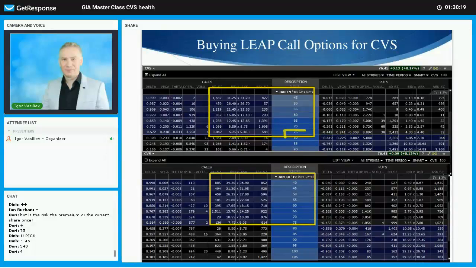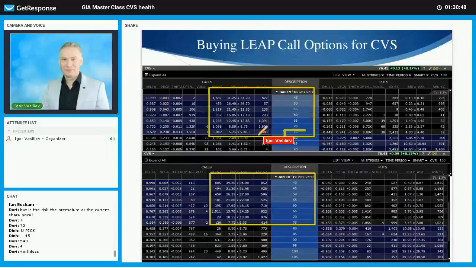Now the question is, what happens if on January 18th the share price is below $75? What happens with our money? Are you going to buy shares at 75 if the share price is 70? Yeah, Dory is correct. They're worthless. So whatever you put in this trade will be gone.